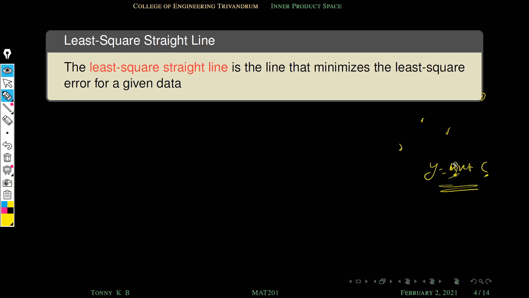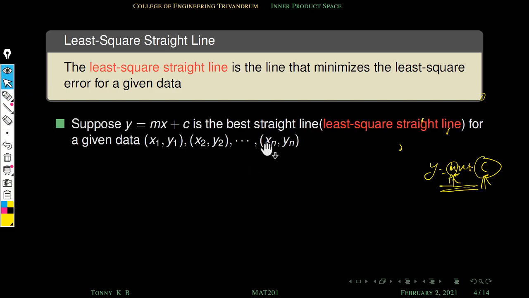That means we have to find the best m and c such that the corresponding straight line minimizes the error. Then how to find this m and c? That is the problem. Okay, this is the idea. Suppose y equal to mx plus c is the best straight line for a given data.